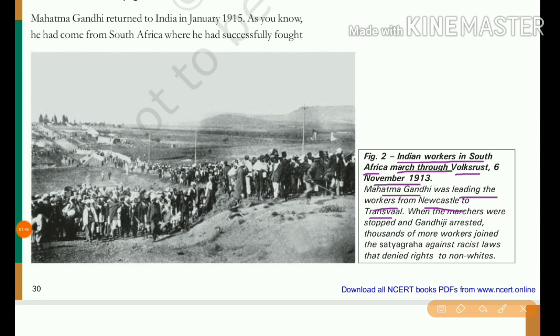When the marchers, that is the protesters, were stopped and Gandhiji arrested, thousands more workers joined the Satyagraha against the racist laws that denied rights to non-whites. Non-whites here means blacks and browns. Indians were considered browns.